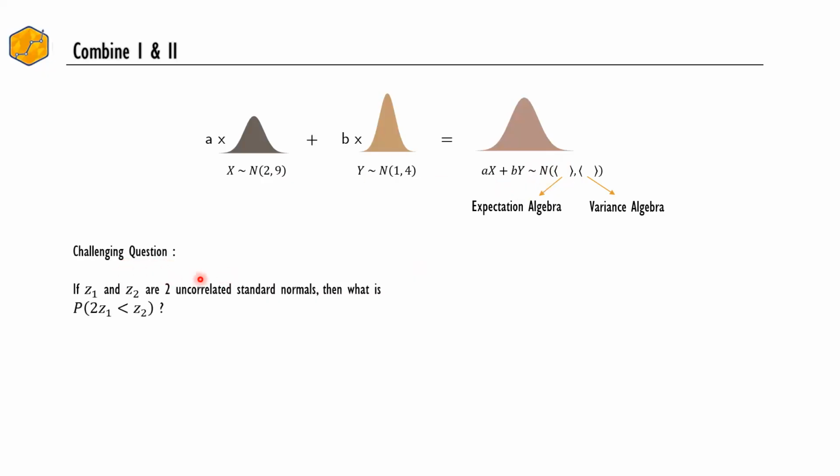There is one challenging question for you. Spend one minute on this. If Z1 and Z2 are two uncorrelated standard normals, what is the probability that 2Z1 is less than Z2? I asked this question because this was asked to one of my friends who appeared for a senior position in one of the top investment banks in a market risk role.